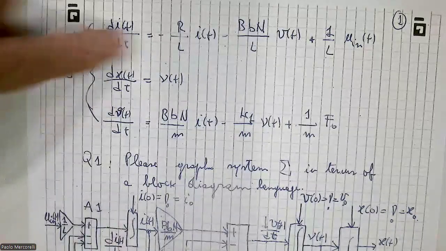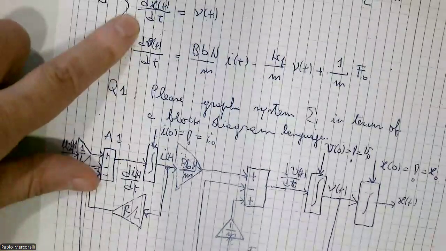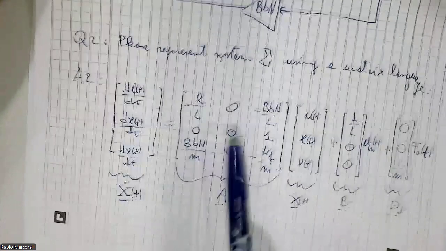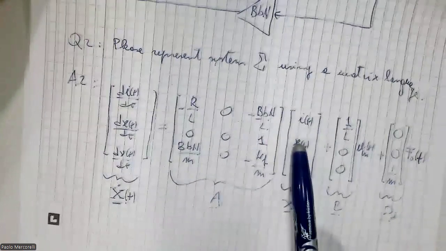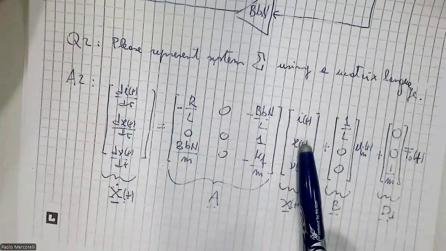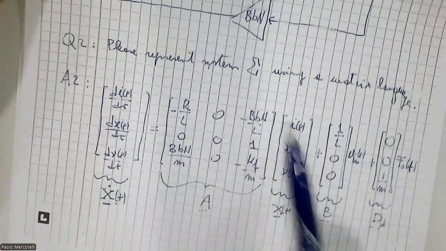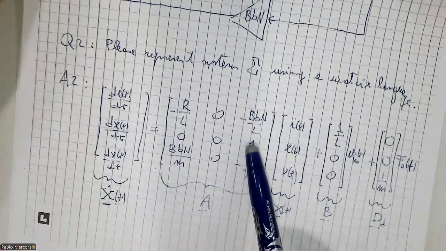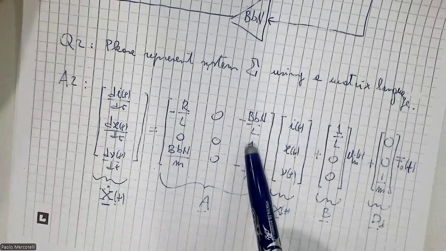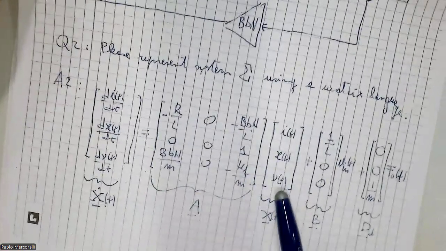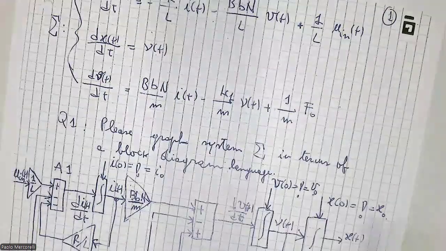What about this equation here? It's easy, because if you consider the matrix 0, 0, 1, if you multiply by the current, 0 by current is 0, 0 by position is 0, everything plus, 0 multiplied by this plus 0 multiplied by this plus 1 multiplied by v, we generate that.